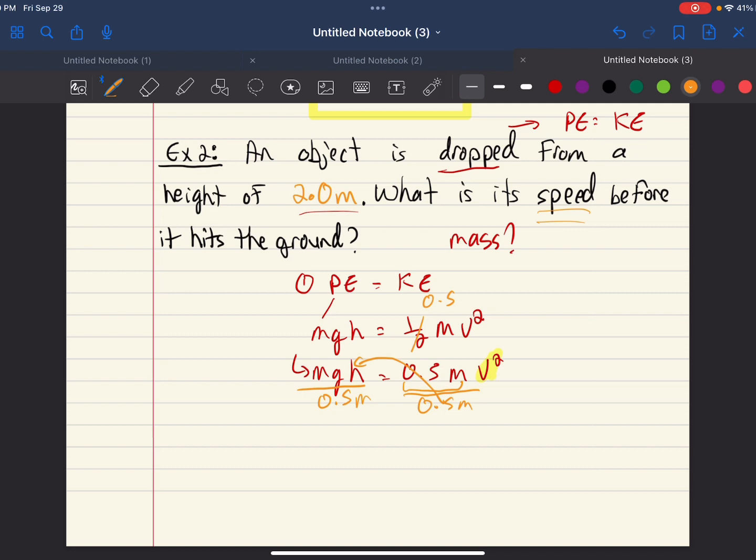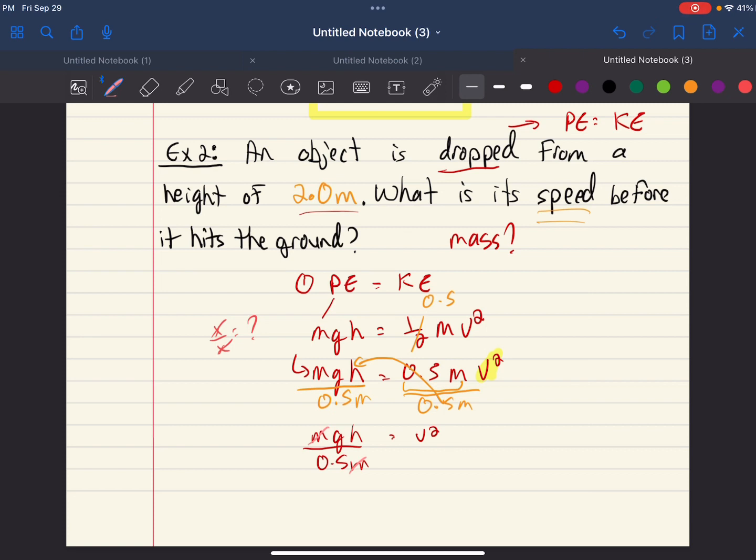And so now my formula reads this: mgh over 0.5 m equals v squared. Well, look at that. Your m's in math, what happens when you have, let's say, x over x? Well, the x's cancel out and you're left with 1. So if you think about these like an x, your m's are going to cancel out anyway. So there really is no need to even give you the mass in these problems when energy is conserved.